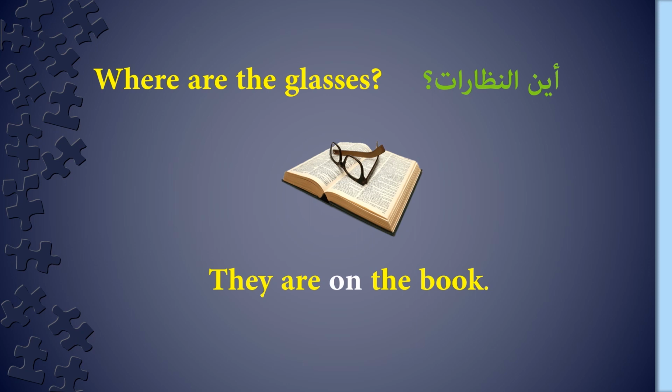They are on the book. Good. هذيك they كتعاود على the glasses باش ما نعاودوهمش. ما غاديش نقولوا the glasses are on the book. نقدروا نقولوها ما عندناش مشكل، غير باش ما نديروش التكرار، بالخصوص ملي نكونوا كنهضروا كنقولوا they are on the book. Good.